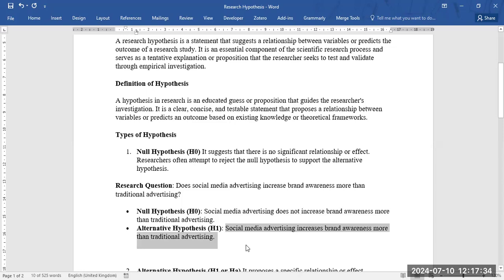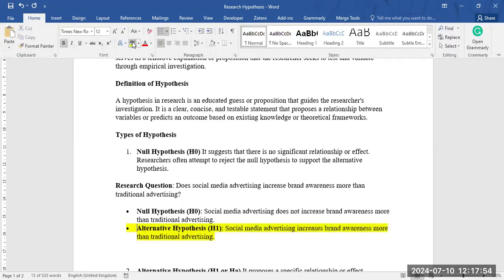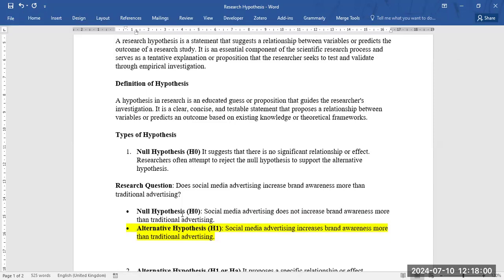So for the knowledge only, I am explaining this null hypothesis and alternative hypothesis. Most of the researchers only talk about the alternative hypothesis. They don't talk about the null hypothesis.